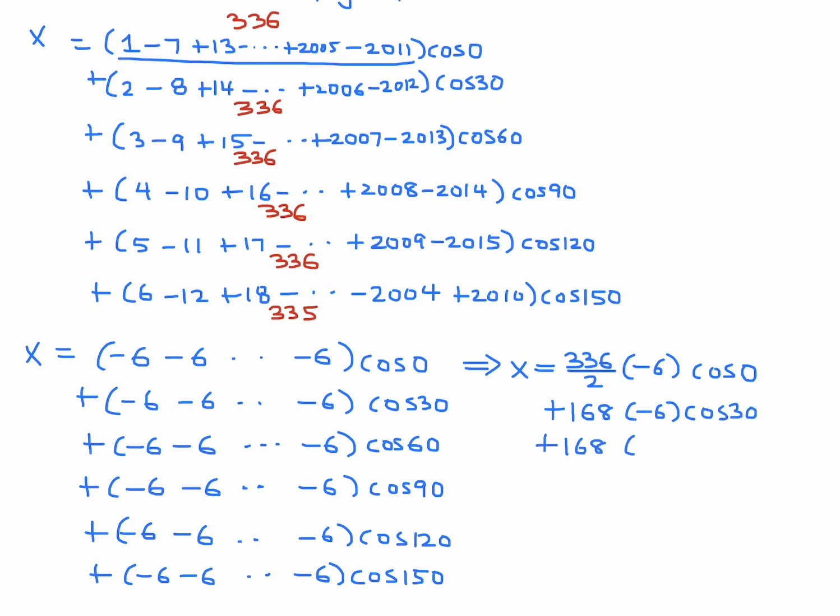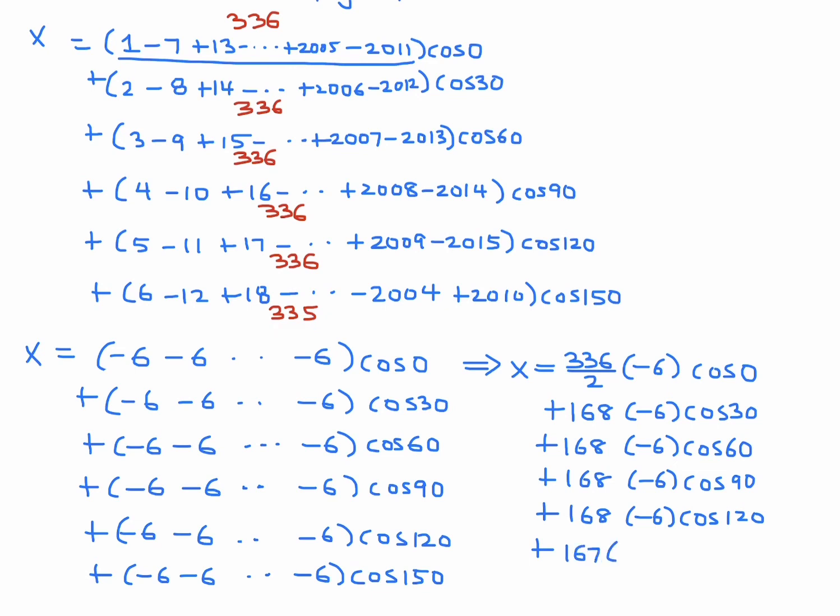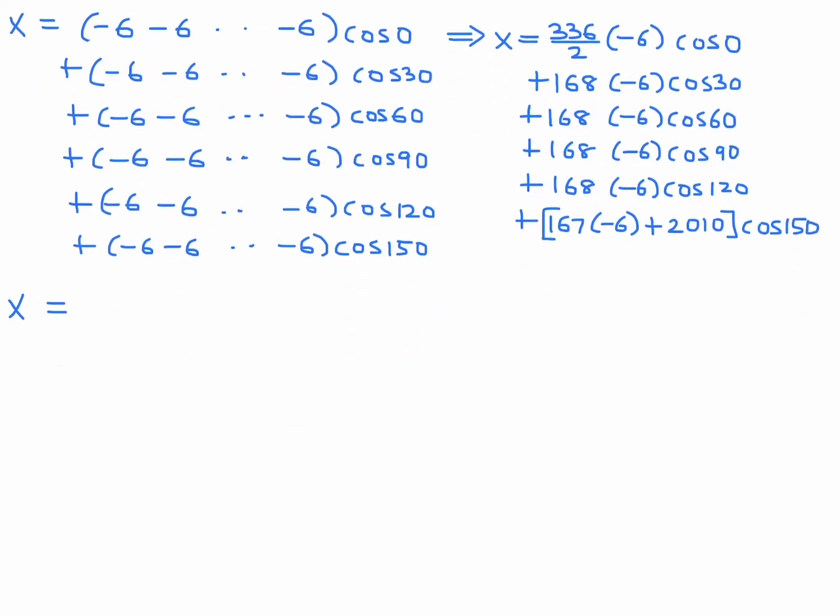And very similarly, 168 times minus 6, cos 60, plus 168 times minus 6, cos 90, plus 168 times minus 6, cos 120. Now the last one is the only one that is a bit tricky, because there's only 335, so that would mean there's 167 of those pairs, right? But then there's an additional one left over at the end without a pair, because there's no 2016 to subtract, so you just have to put that in there like that. Cos 150.